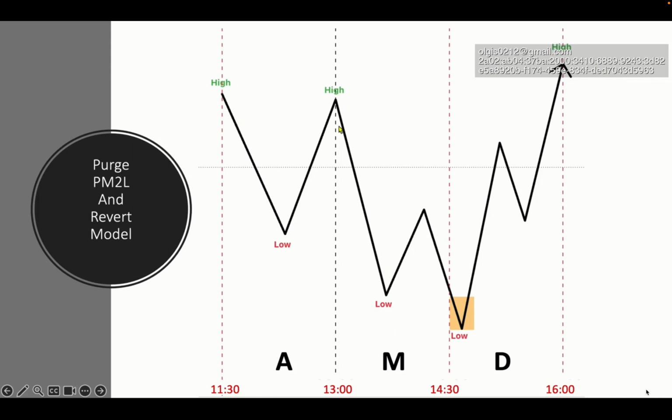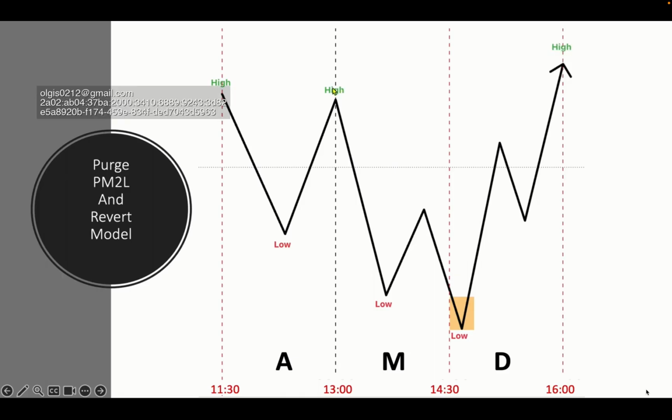It sells off aggressively. This selling off from the 1 PM opening is a retracement on a higher time frame into a discount array. This retracement engineers buy-side liquidity by trapping retail shorters into believing that the market is going to go lower during the PM session.